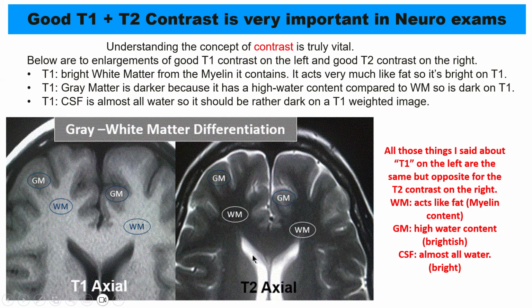And because of the long TE and the long T1 relaxation time of cerebral spinal fluid and the white matter, because white matter here has got a lot of water in it, those are going to be bright. They stayed in the transverse plane, and at TE, they're bright. So this is a beautiful T1 on the left, a beautiful T2 on the right.